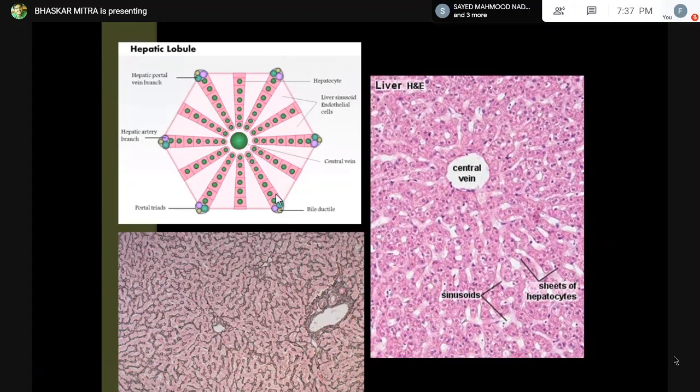To objectively prove that there is a disturbance in the architecture of the liver, the reticulin stain is very important. Once the architecture of the liver is destroyed or disrupted, this reticulin framework gets disrupted first.